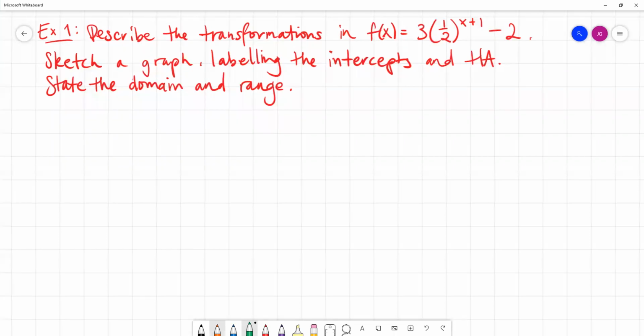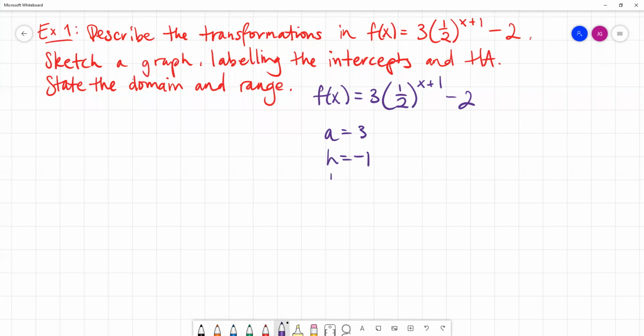So let's identify our A, H, and K here. I'm going to rewrite the function. We can tell right away it's decay because our base, b, is 1/2, and 1/2 is definitely between 0 and 1. And so A in this case is 3, H is -1, and K is -2. What do each of these do?